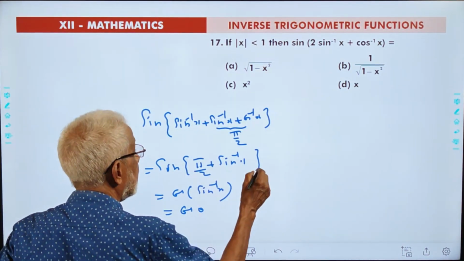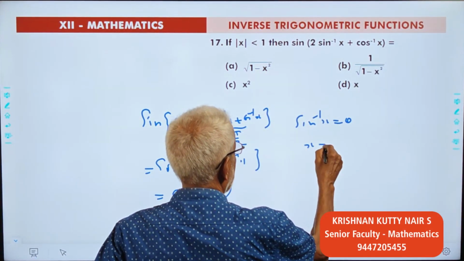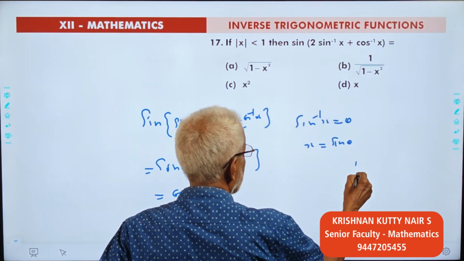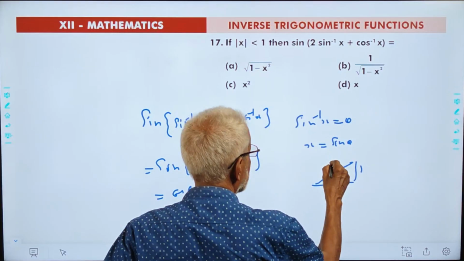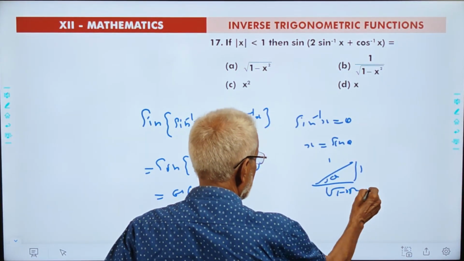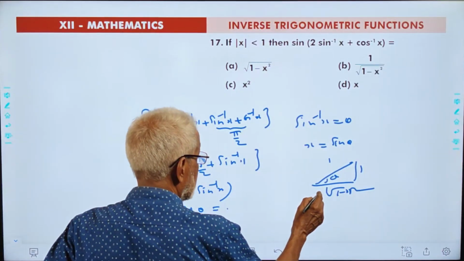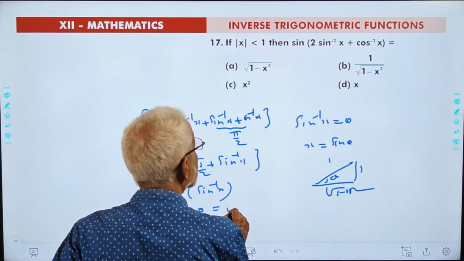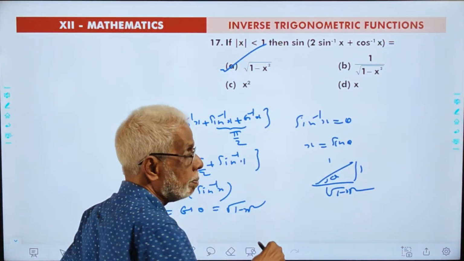Therefore, this is equal to cos theta. If sin inverse x is equal to theta, then x is equal to sin theta, which is opposite by hypotenuse. Therefore, the adjacent side is root of 1 minus x square. Therefore, cos theta is equal to root of 1 minus x square. The correct choice is A choice.